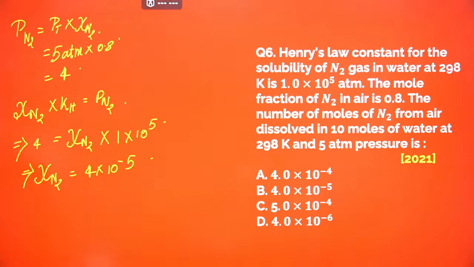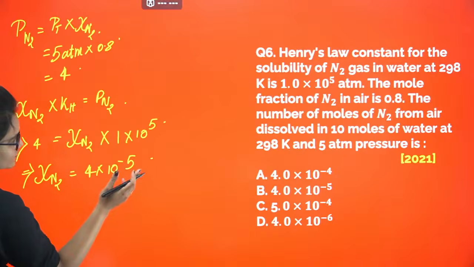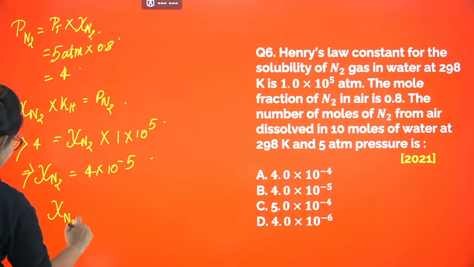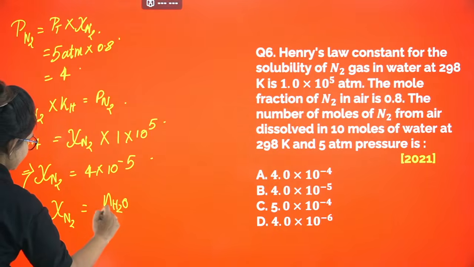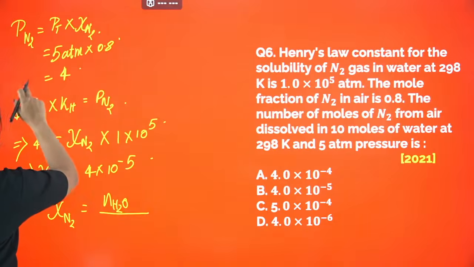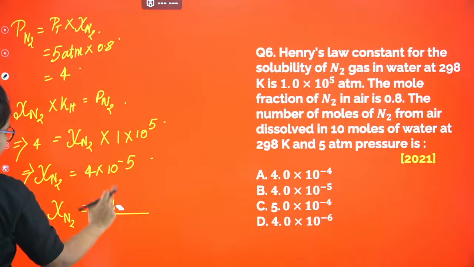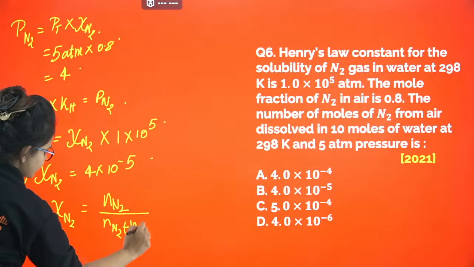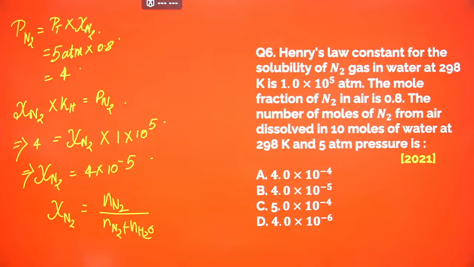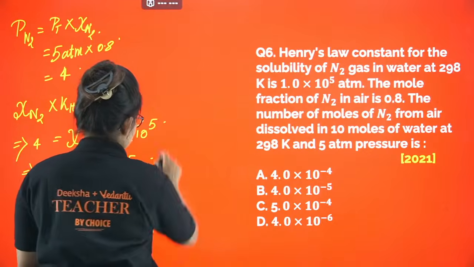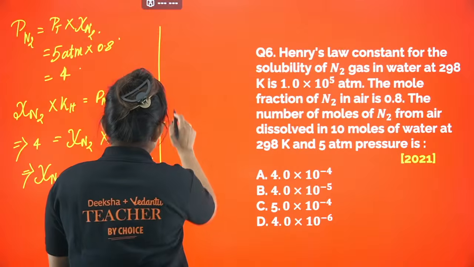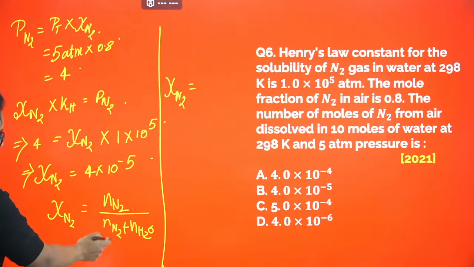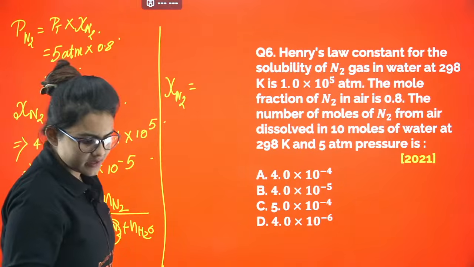Now they are saying that number of moles of water, they are saying 10 moles. Okay, so what I have to do? Mole fraction of N2, I can also write number of moles of N2 divided by total number of moles, N2 plus number of moles of H2O, right? So from there, if I just continue calculating this, mole fraction of N2 will become, see here again H2O plus N2, we can avoid N2 because it is a very small quantity, right?